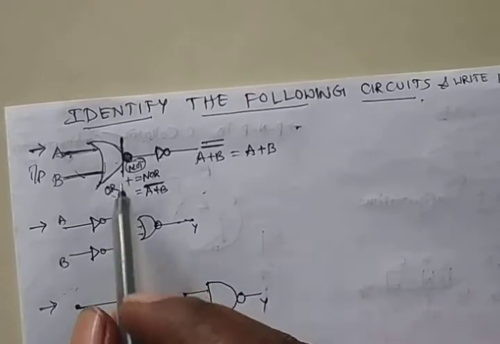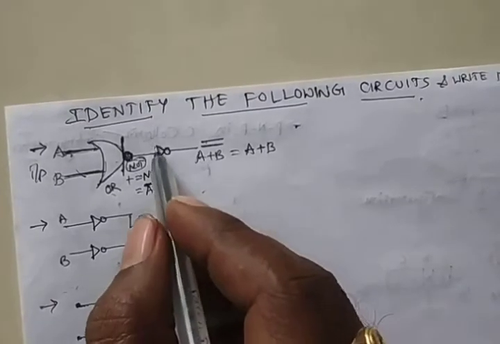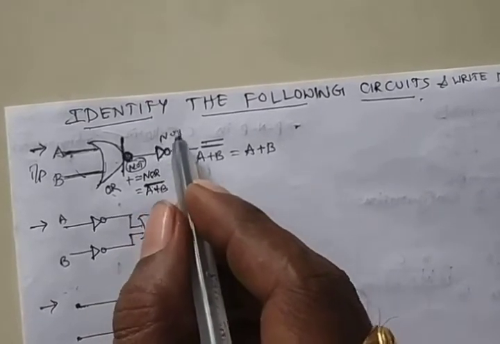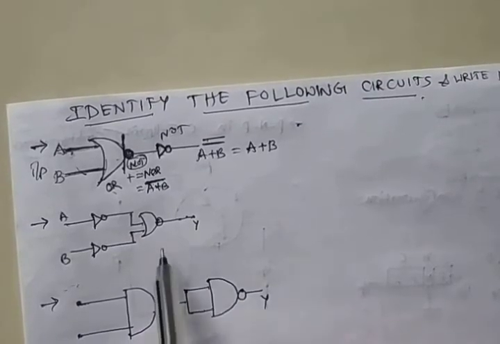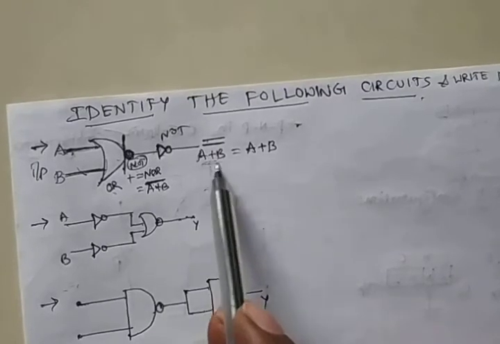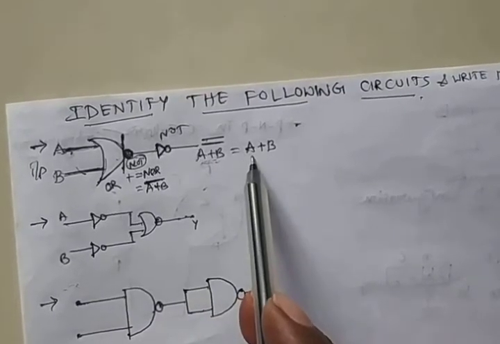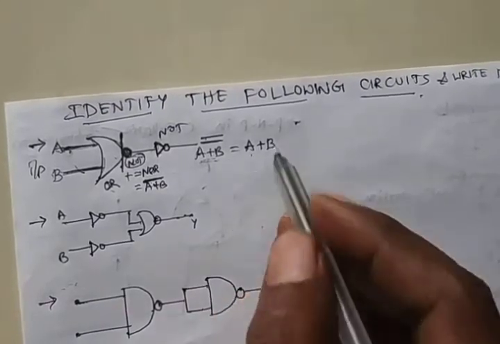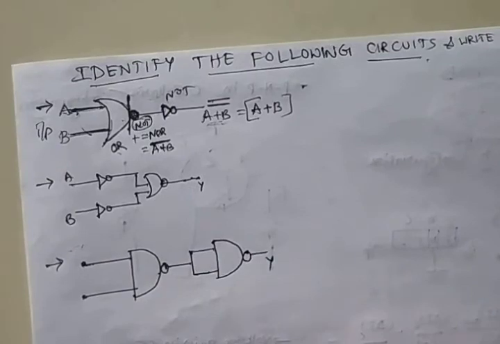Now this NOR gate is again connected to the NOT gate. So the output becomes (A plus B) double bar. A double bar means A, so you will get A plus B as the output.